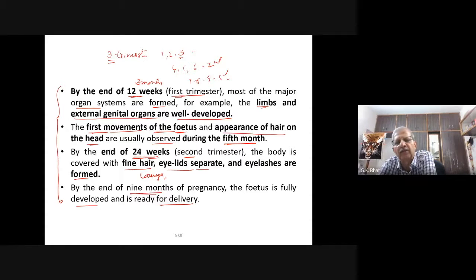All these are asked in examination. You must remember what structures get formed at what week of pregnancy. Always pregnancy is measured in terms of weeks: 8 weeks, 12 weeks, 24 weeks, like that. So this is another important point that you have to know.